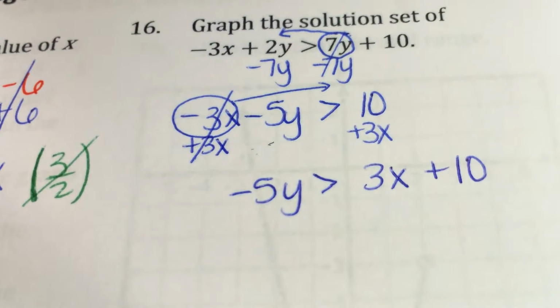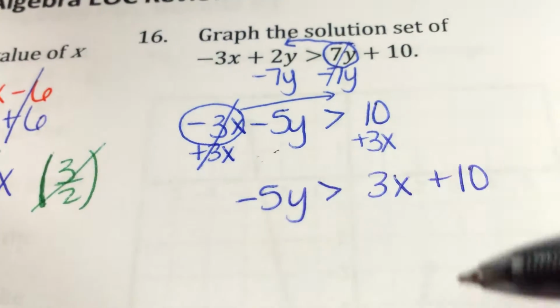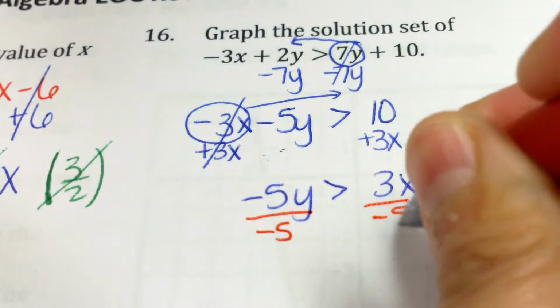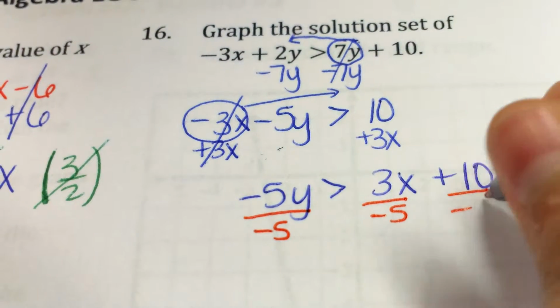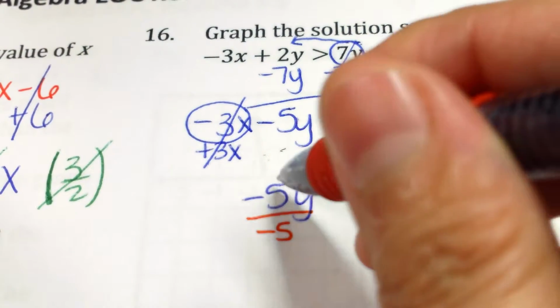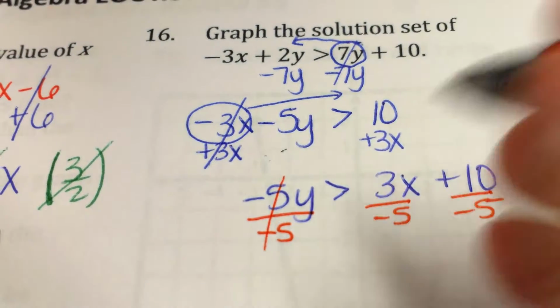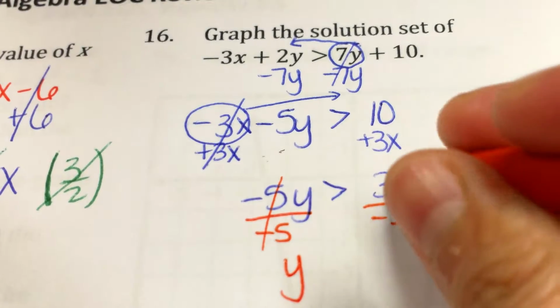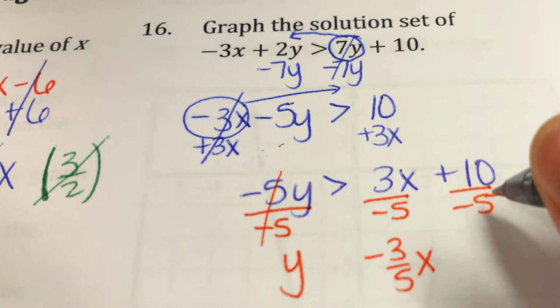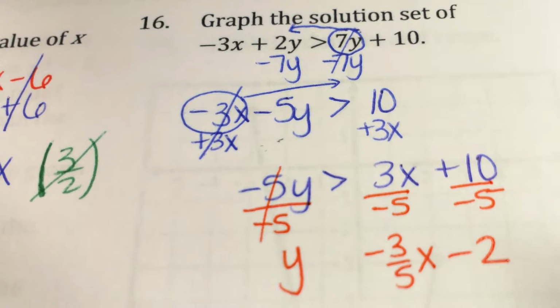We are going to divide by negative 5 because we want y by itself. So I'm going to divide by negative 5, divide by negative 5, divide by negative 5. Here this cancels out because we want positive y by itself. Y is negative 3/5 x. 10 divided by negative 5 is negative 2.